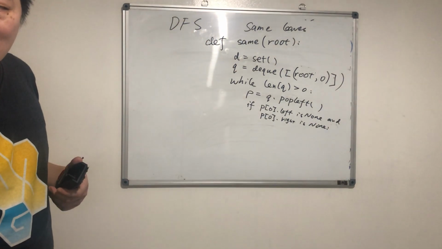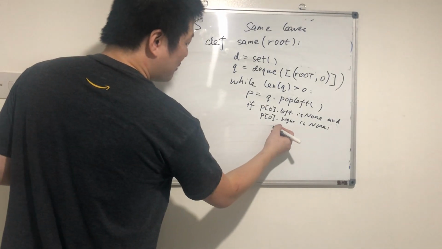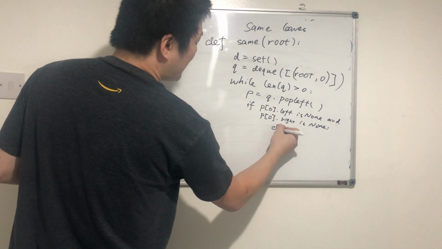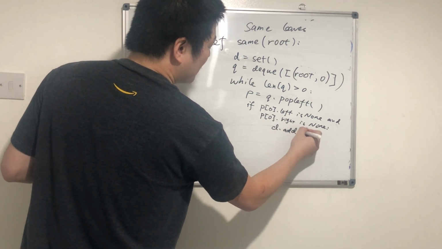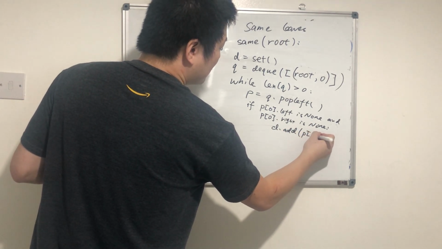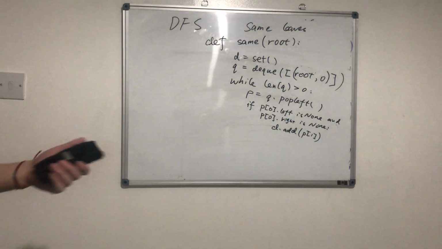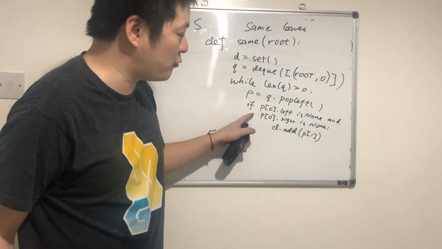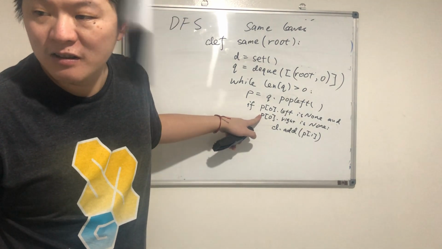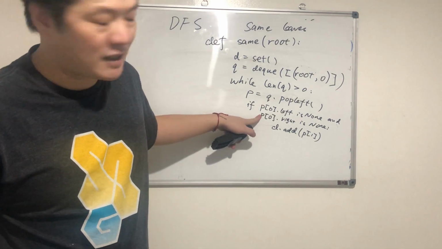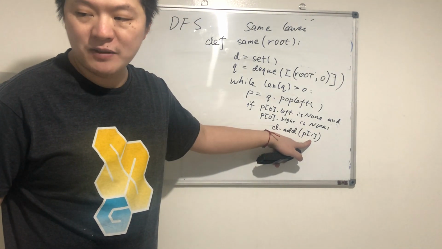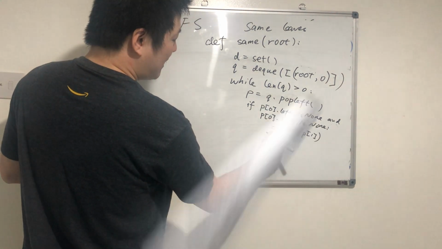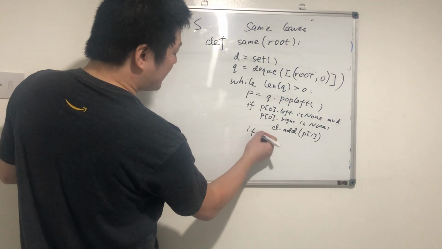So now we need to push this one. D dot add P1. So when P0 is a leaf node, we push the depth into the set, right? And then that's it.